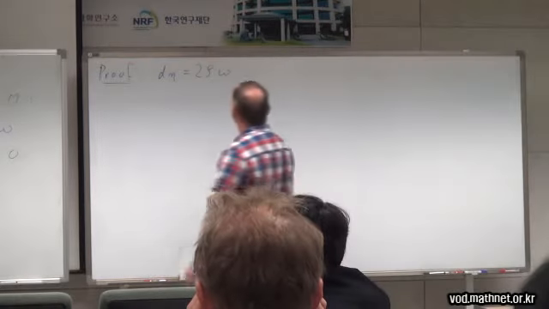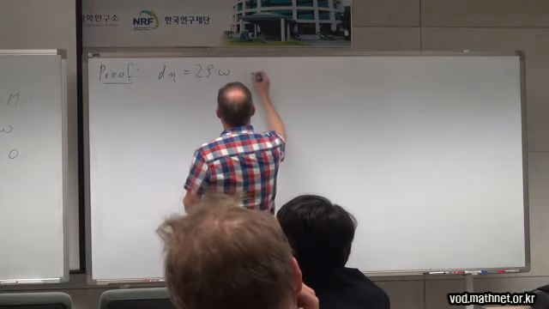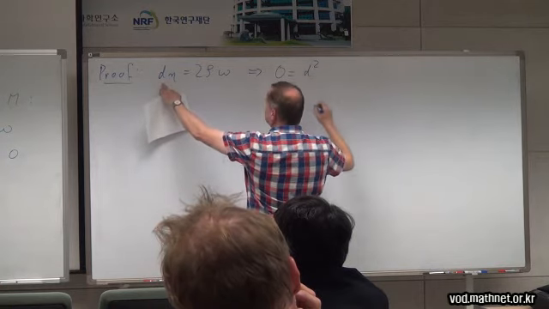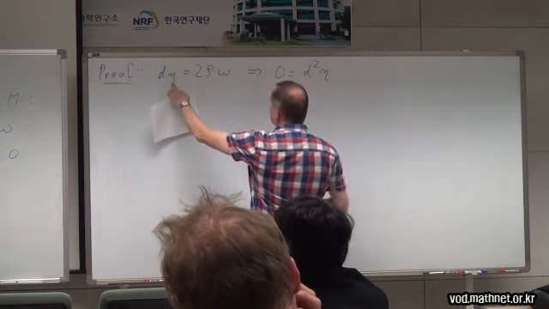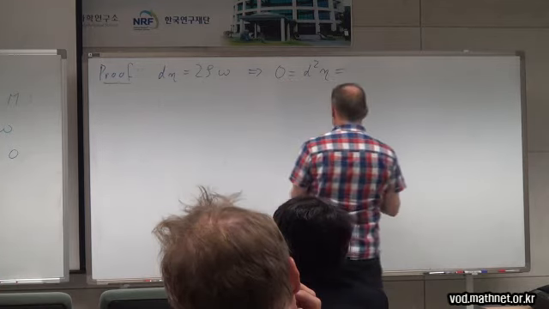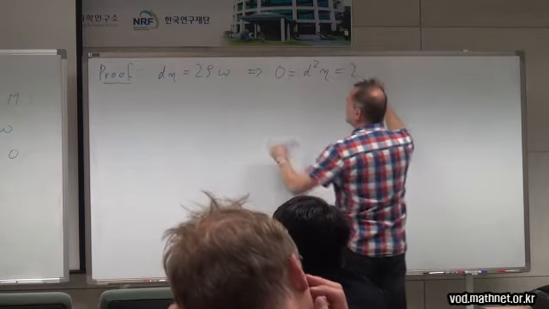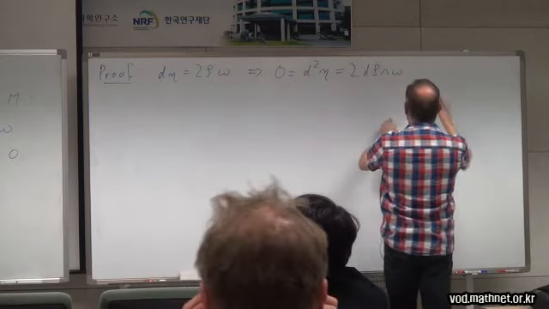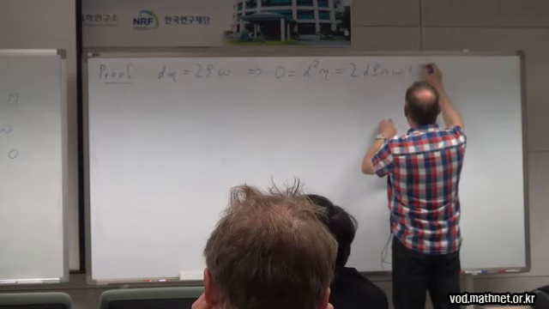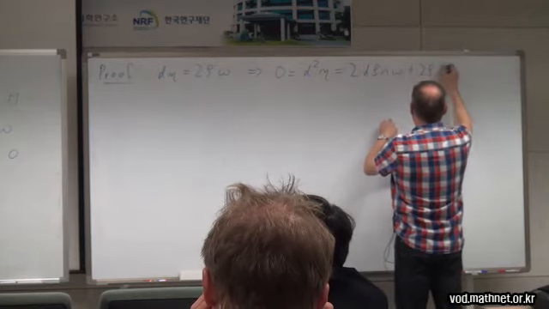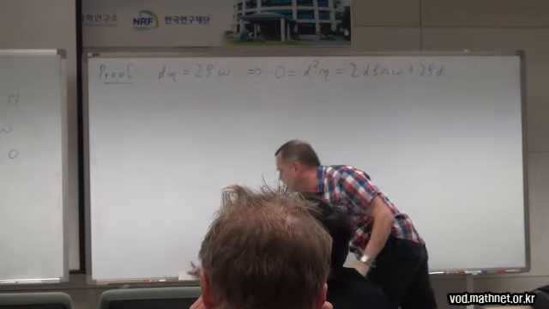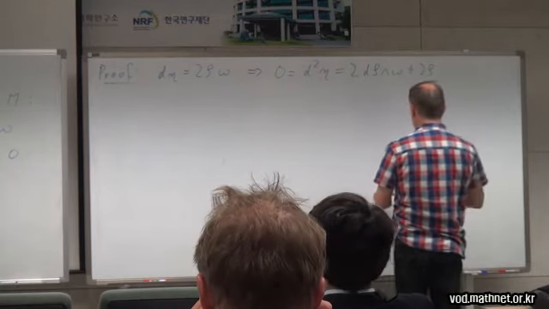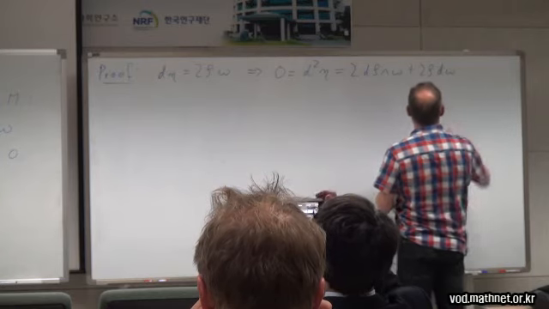Differentiate it. Okay, so what we get from this is that 0, so we take the second derivative, d squared, that must be equal to 0. So this is equal to 2 times d rho wedge omega plus 2 rho times d omega.